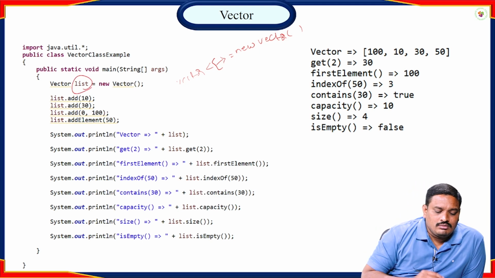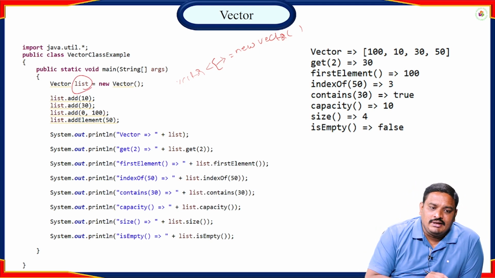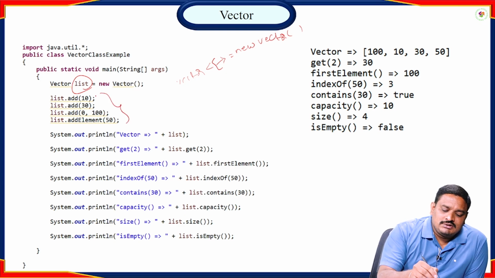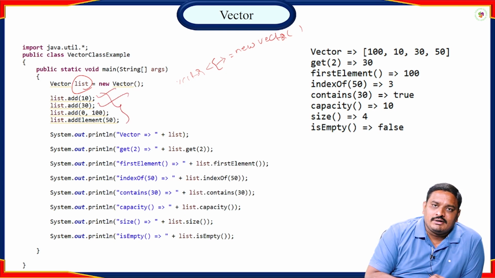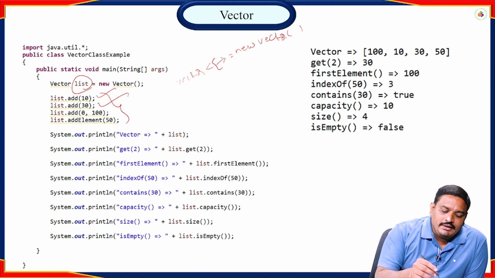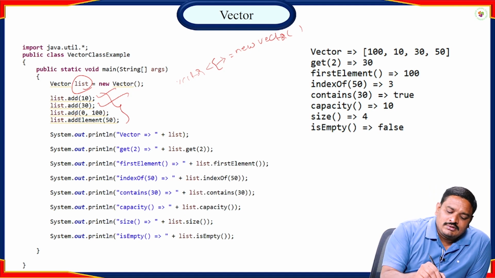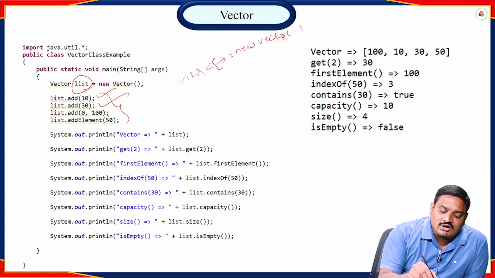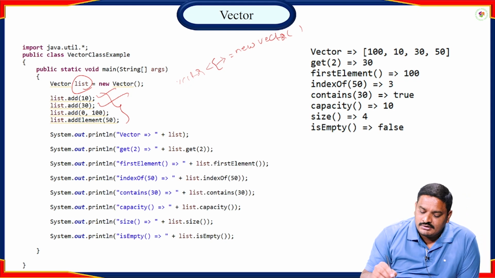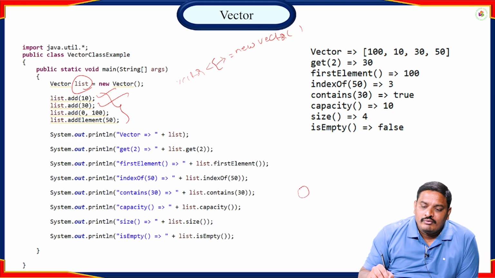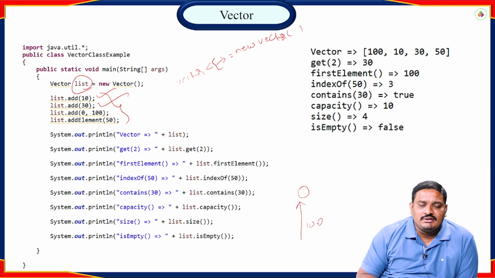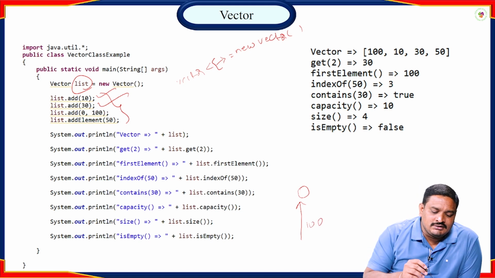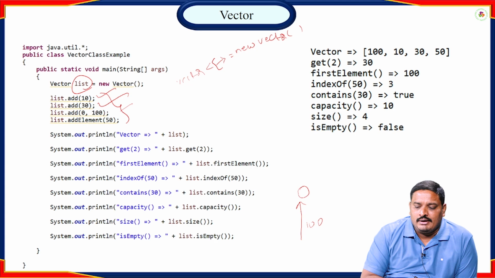Now we can add elements to the list: add 10, add 30. The third one is list.add(0, 100): at index 0 we insert the element 100.